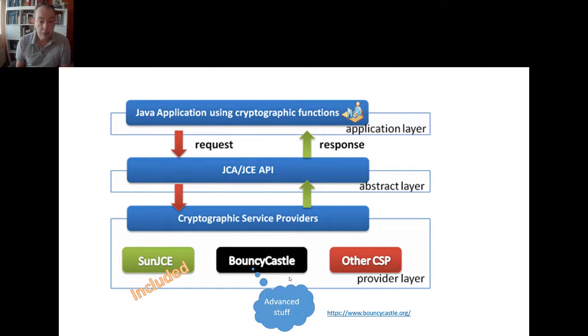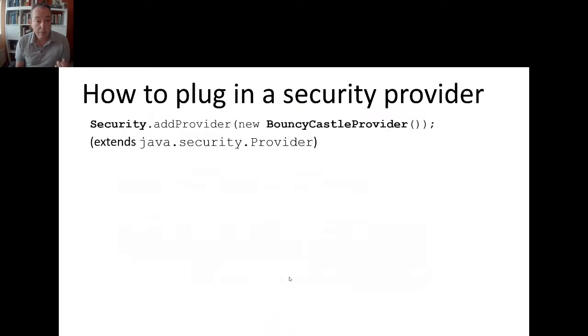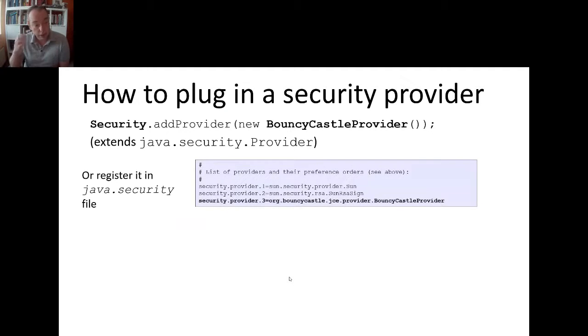So the question is, how do you plug in a CSP? Well, that's really easy. There's a Security class in Java that has a static method called addProvider, and there you can plug in the class that represents your security provider. If you don't want to do this programmatically, you can also register it in the java.security file.